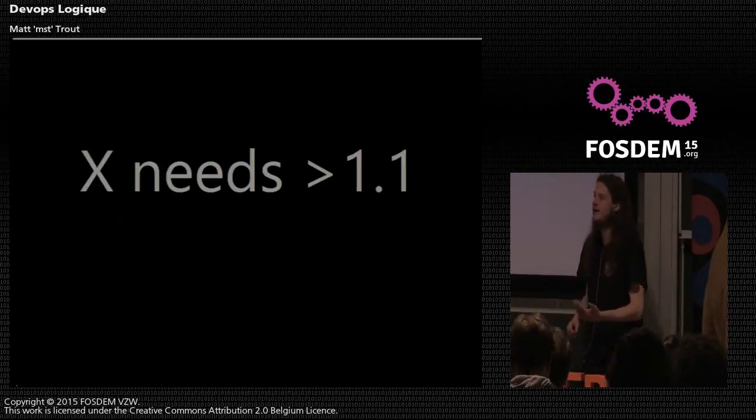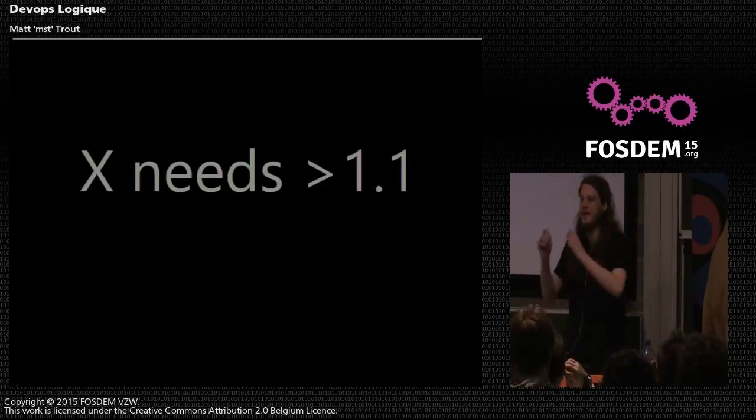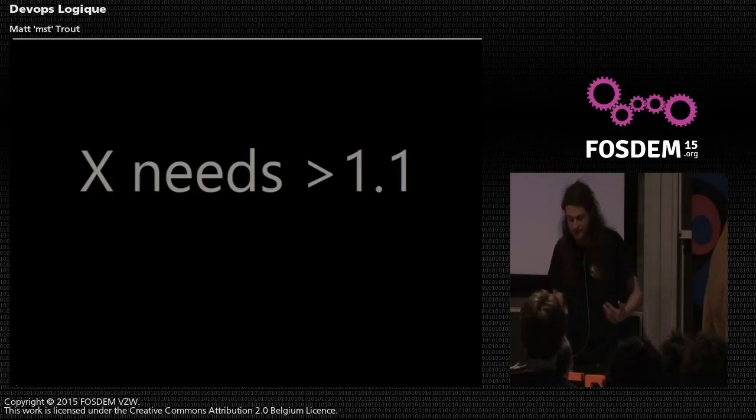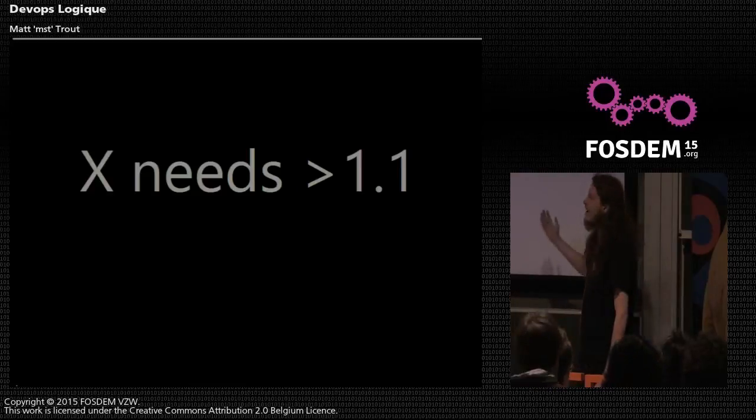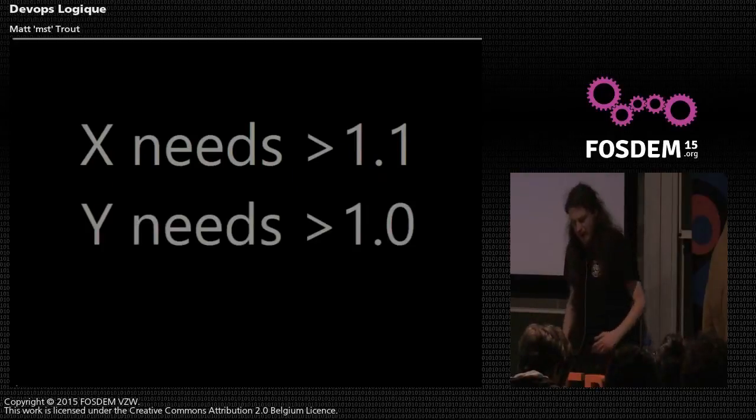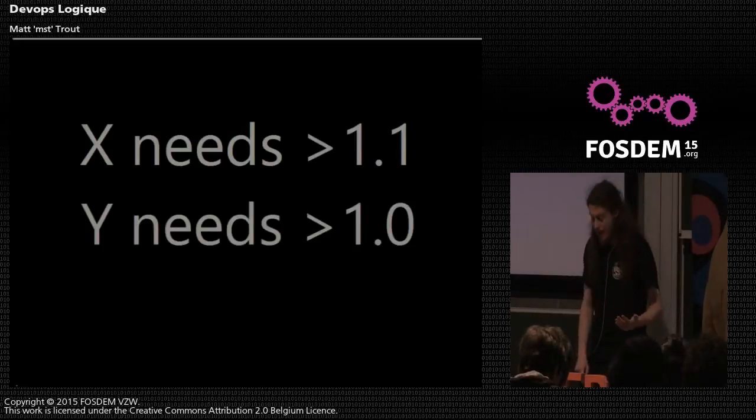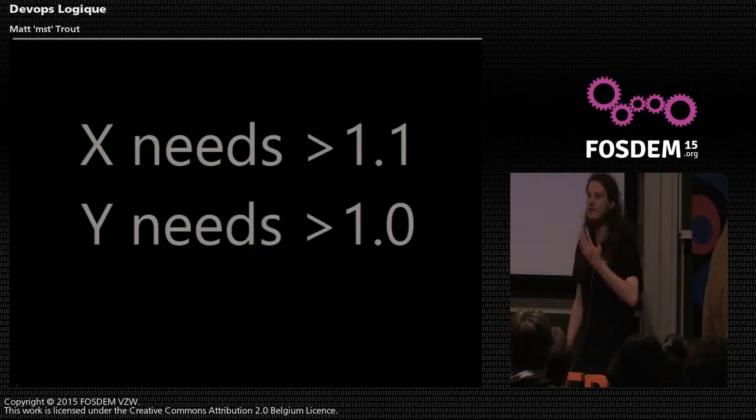But you get into more interesting stuff once you start thinking about dependency graphs rather than just a single package. So, okay, let's say package X needs 1.1 of something, and then package Y only needs 1.0. So that's fine. You can just merge those requirements and say, I just need 1.1.